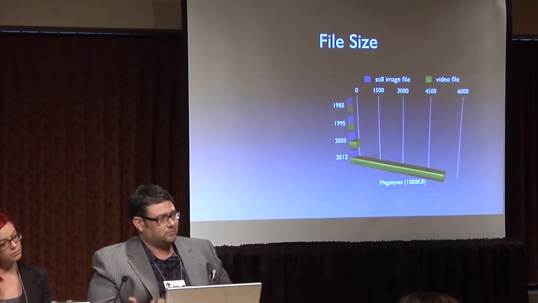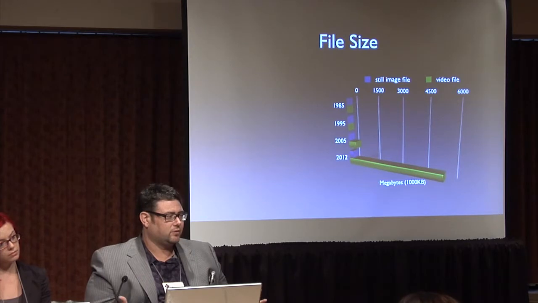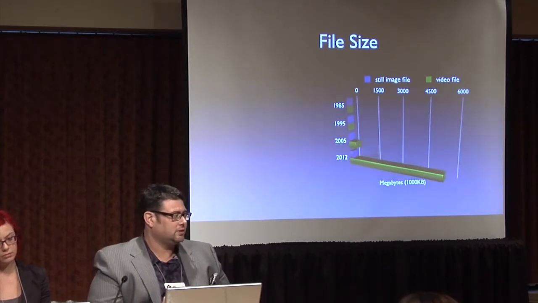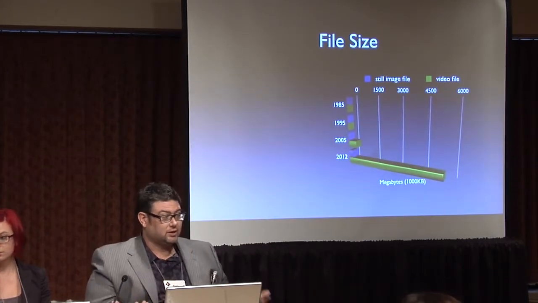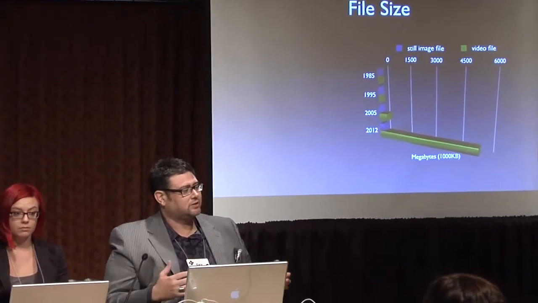Even image files are getting huge, with everyone shooting RAW now, since a lot of the inexpensive digital SLR cameras can shoot RAW, and the RAW is a huge file. As producers, everyone wants the RAW file because you can manipulate it as much as you want and you don't lose the data, whereas every time you work with a compressed file, it gets more compressed. And I know Anna's probably going to be talking about how things get more and more compressed the more you do it.